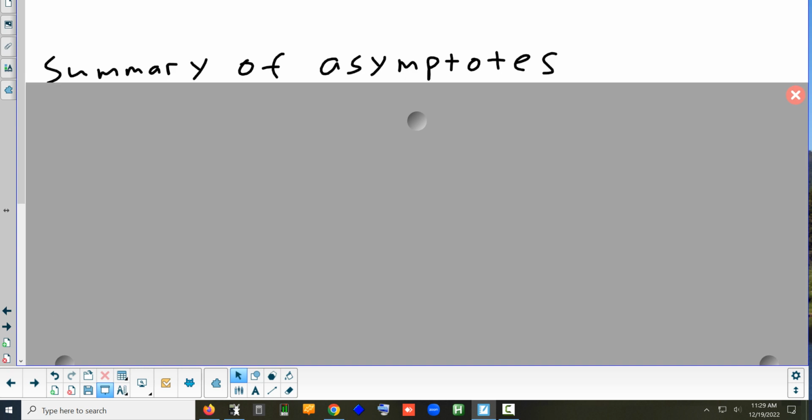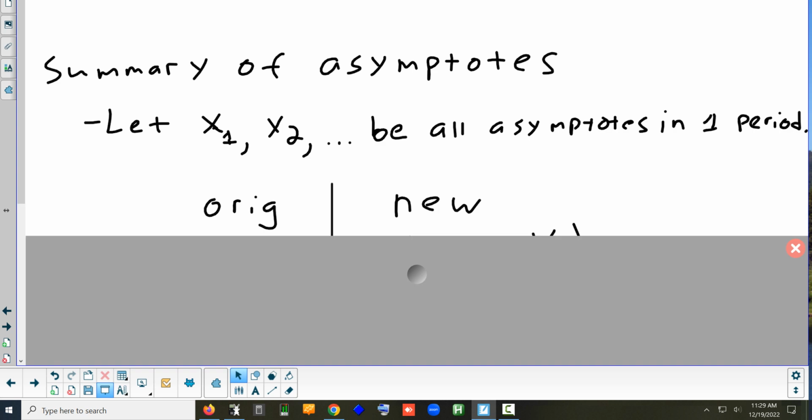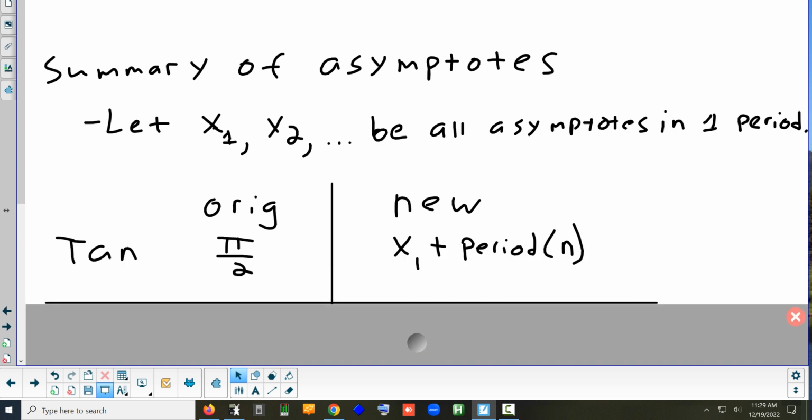So it can be a little tricky to remember what the asymptotes are for tangent and cotangent. Is this the one where it's odd multiples of pi over 2? Or is it the ones where it's the multiples of pi? So I have a table that puts it all on the same page. What I've done in this table is I've given you one of the original asymptotes. So if you ever have to find the other ones, you can base them all off this one.